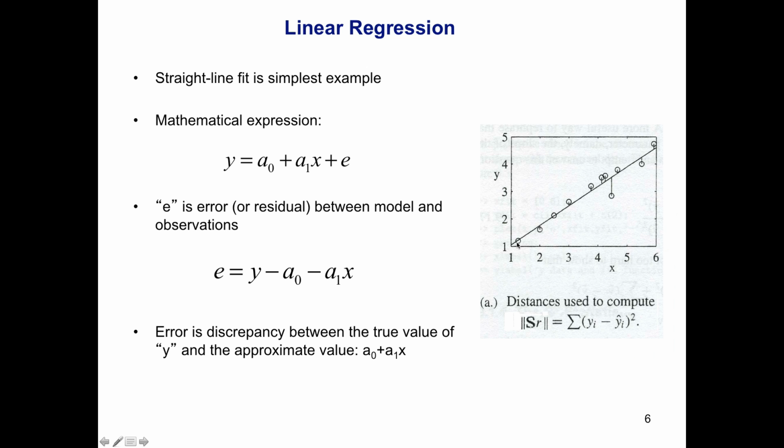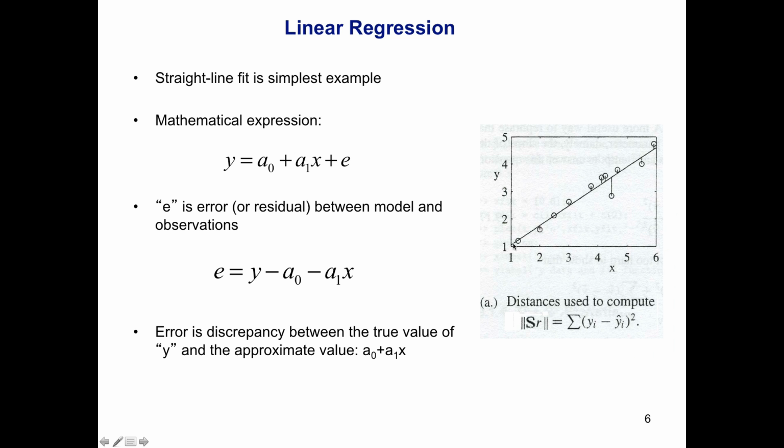Now I would like to plot a line through this. My line would have an expression that describes it: y is equal to a coefficient that I'm going to call A0, plus another coefficient that I'm going to call A1, times x. This would be a description of a line.